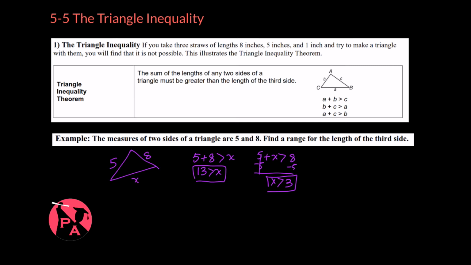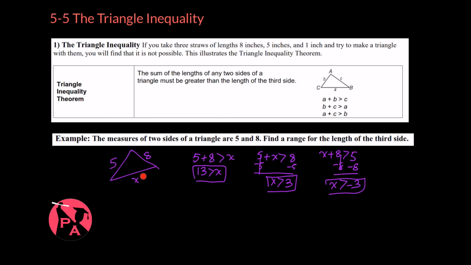The sum of x and 8 must be greater than 5. If we subtract 8 from both sides, we have x is greater than -3.